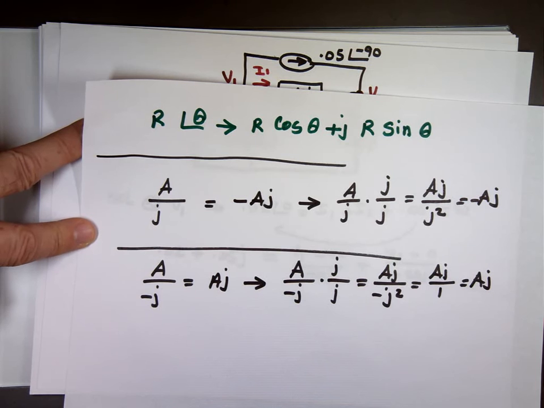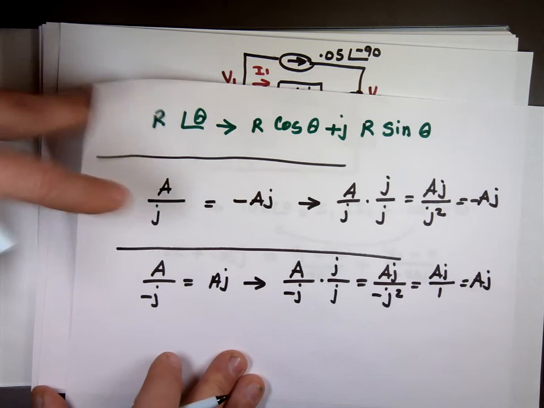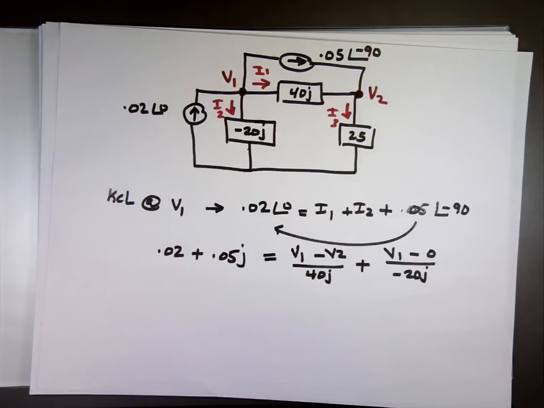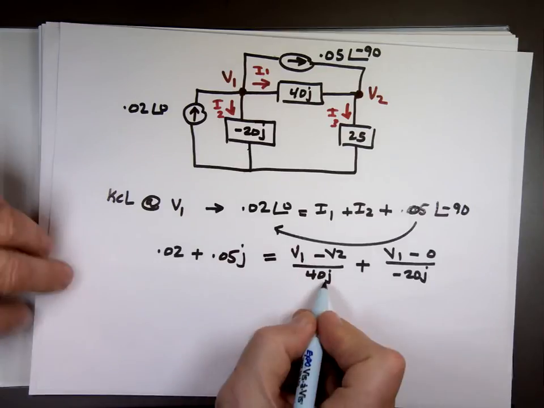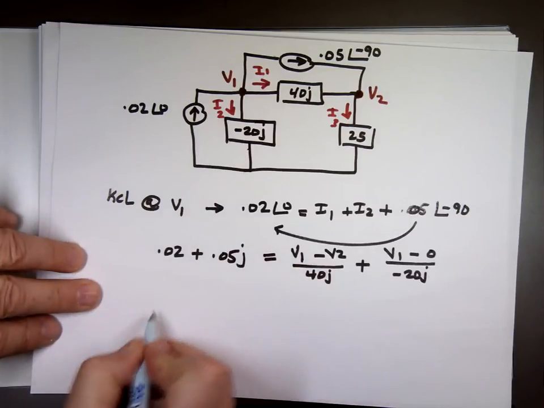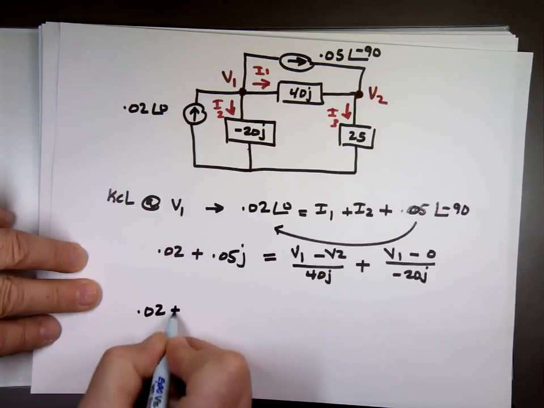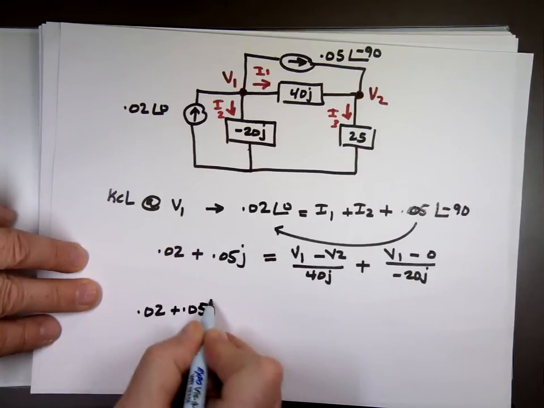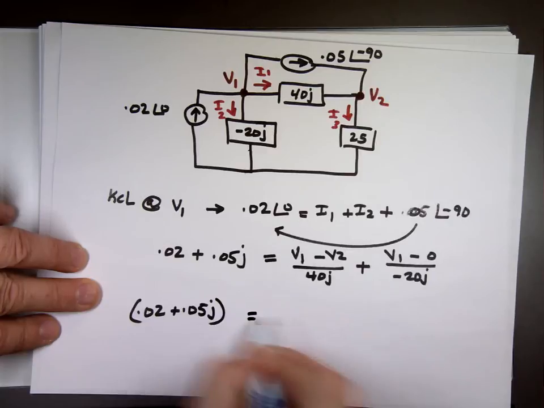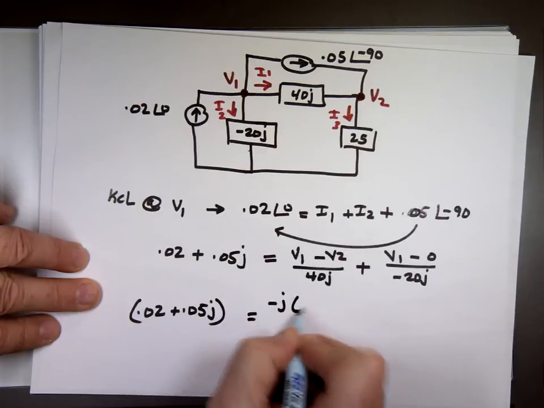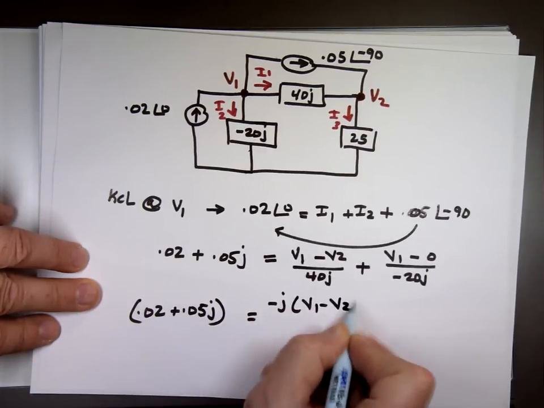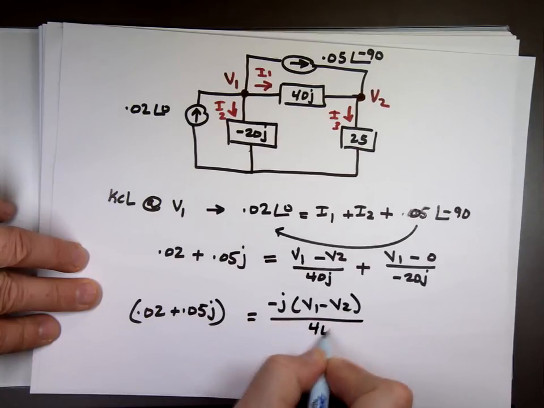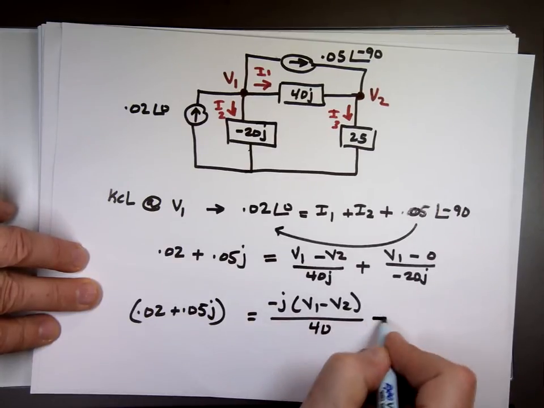So you'll see me, when trying to find the LCD and all that, I might play with it and go, wait a minute. See that j in the bottom? I'll bring it to the top, becomes a negative j. That's a negative j in the bottom, bring it to the top, becomes a plus j.